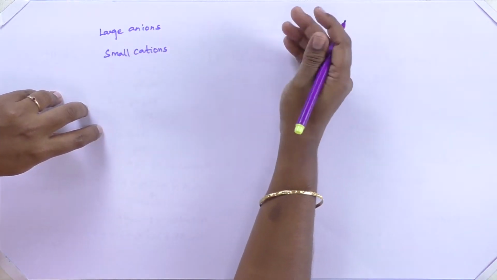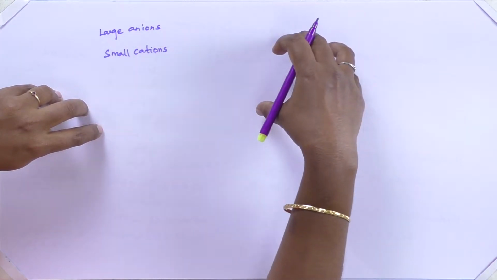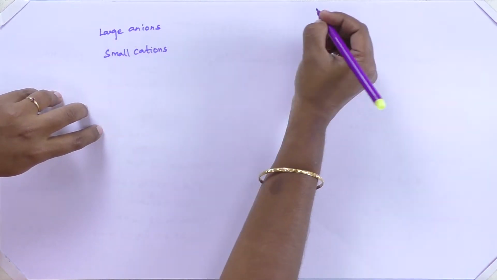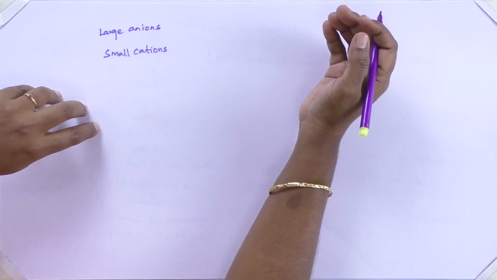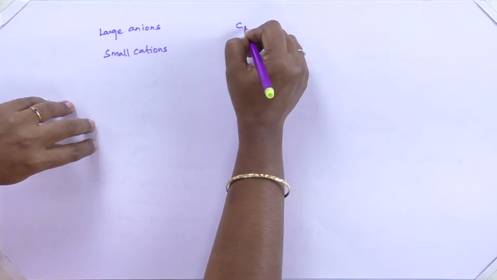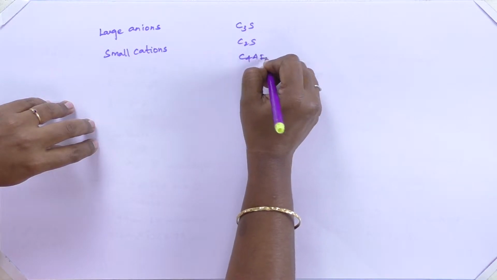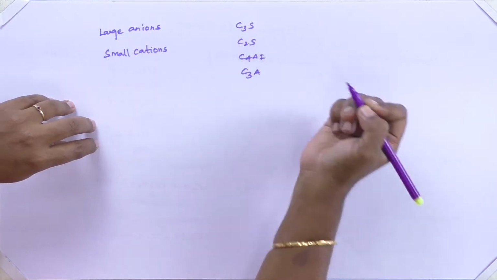When we see our final end products, that is the composition in a cement, those are called Bogue compounds: C3S, C2S, C4AF, C3A.